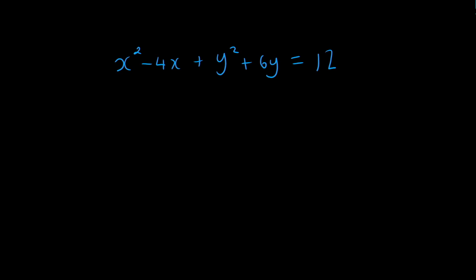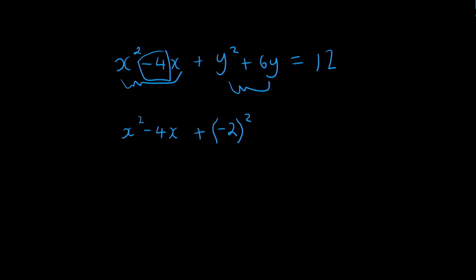Once we've done that, we now have to complete the square with the two x terms and the two y terms. So basically, we're going to create a perfect square which we can factorize. So to do that, we bring down the x squared and the minus 4x. We then find half of the b term, so half of negative 4 is negative 2. And we add that squared.